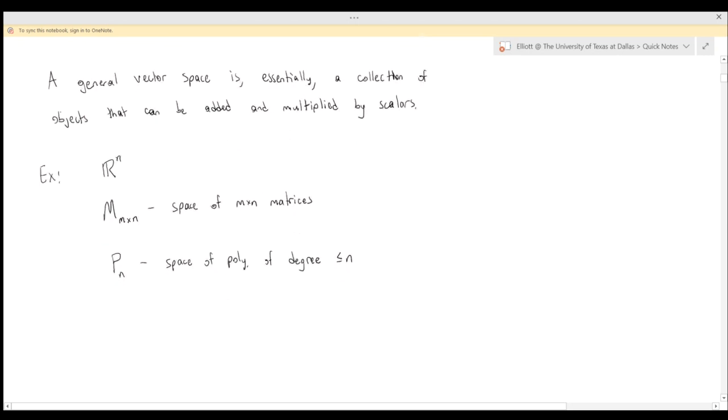And for us, most of the examples that we do are going to stick with just these three vector spaces. So that's all that I'm going to focus on and mention right now.